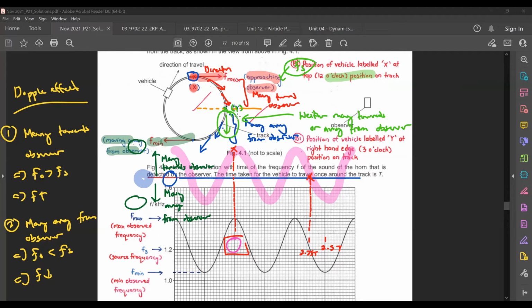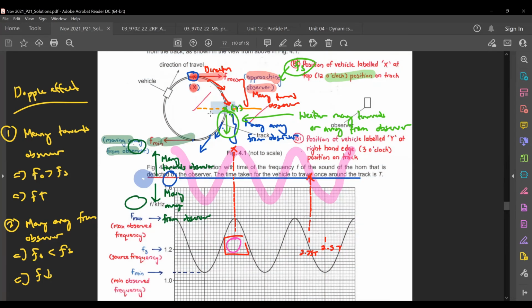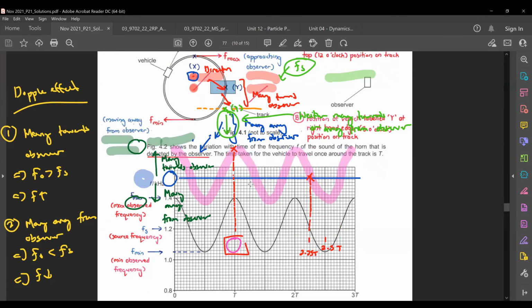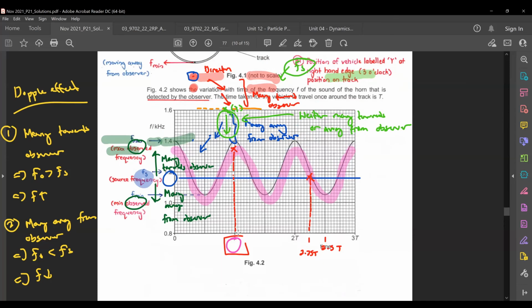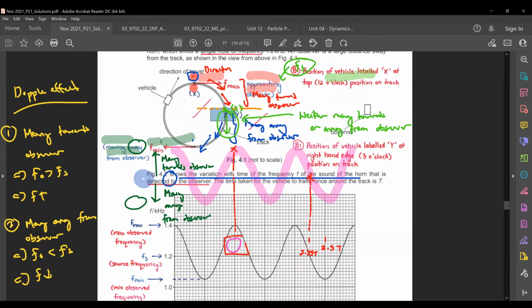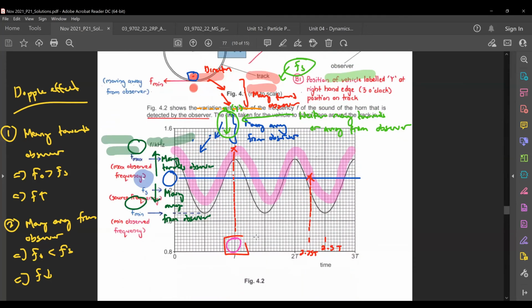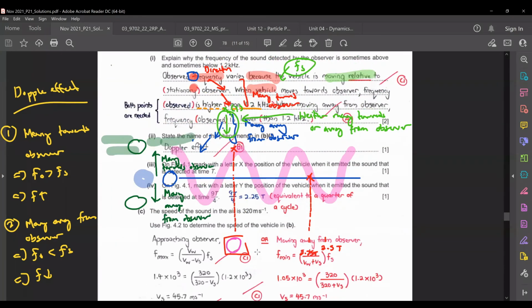So at point Y itself, it is not moving towards or away. That's why this one is position Y. All right.